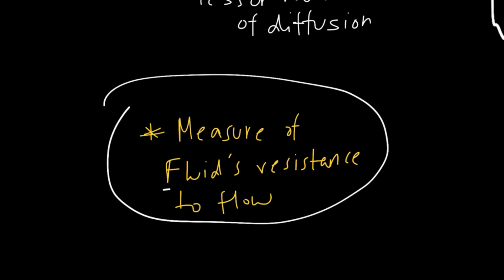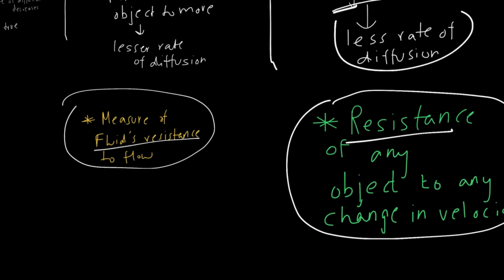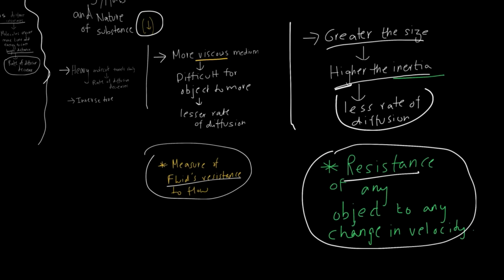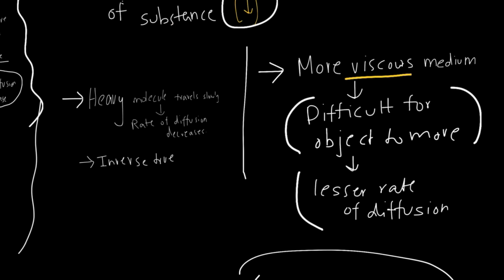In this case it is the fluid's resistance, and in the inertia's case it is the resistance of an object to change in velocity. So it's this resistance that causes the lesser rate of diffusion. So if it's a more viscous medium, it'll make it difficult for the object to move inside it, and as a result the rate of diffusion decreases.